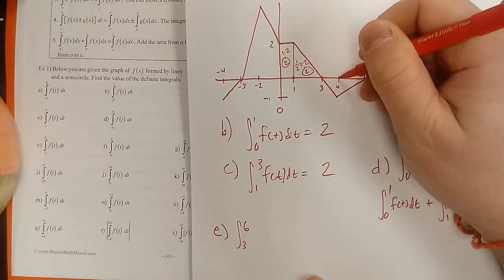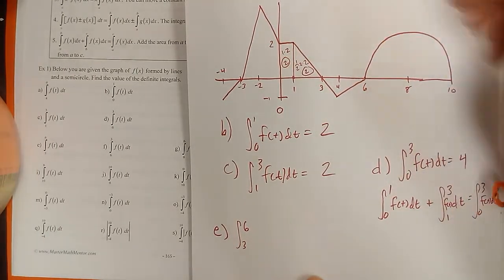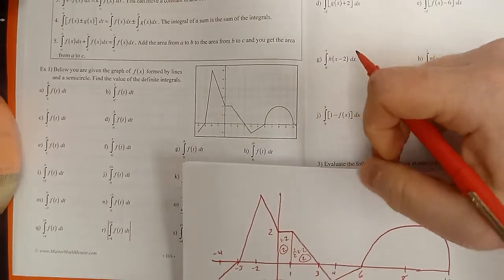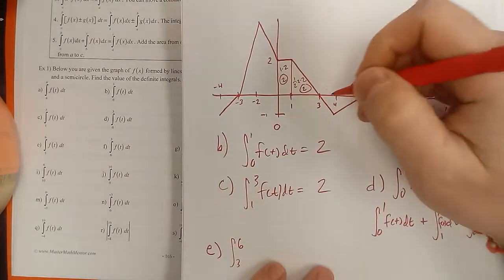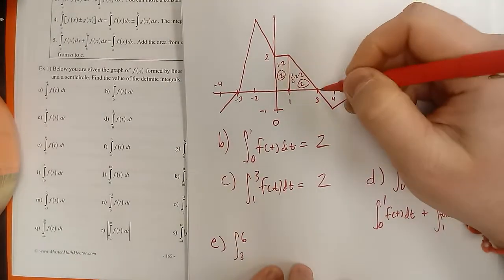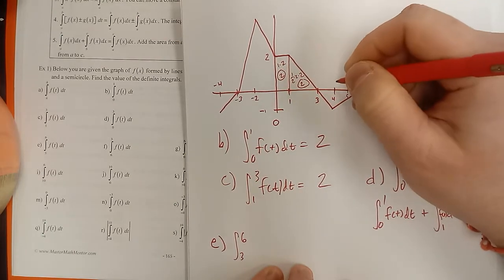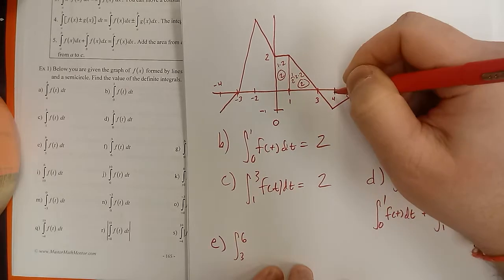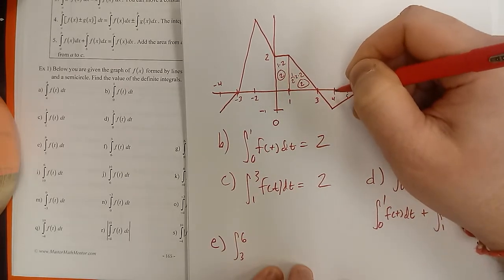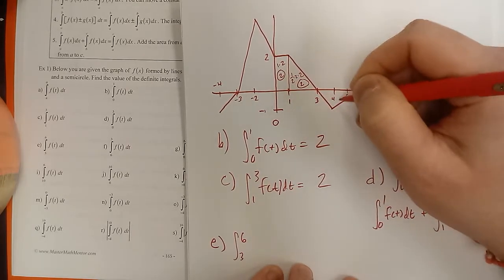So some people like to break this up into two separate triangles. I am going to not break this up into two separate triangles, and just do one triangle. So for me, I see that it goes from 3 to 6. So that's 1, 2, 3. So it's a base of 3, and it's a height of 1, or height of -1, because it's underneath the x-axis.